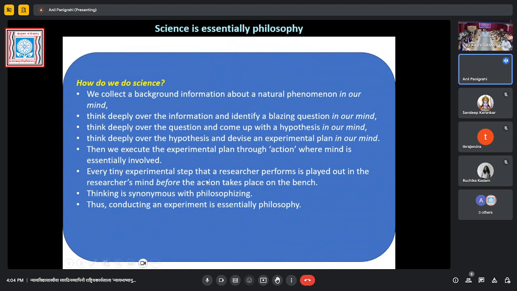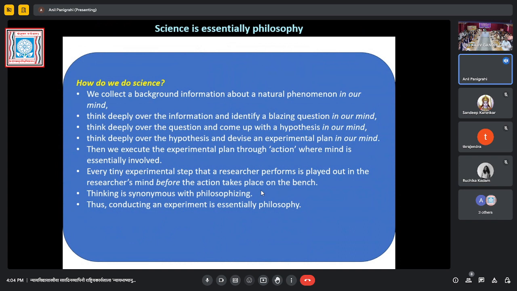Then we analyze the experimental results in our mind. We interpret in our mind, and we present the data.